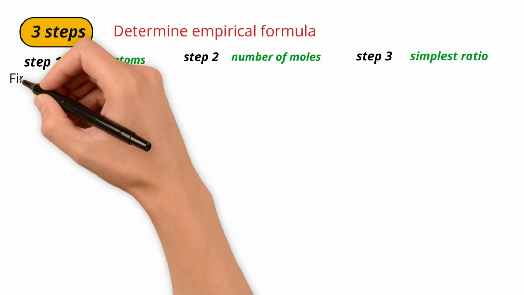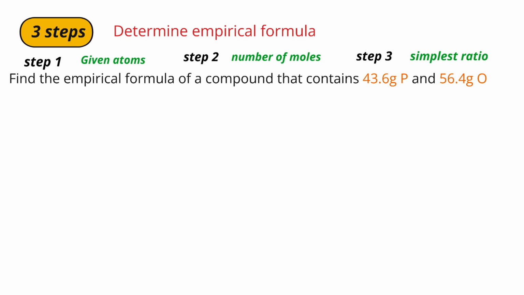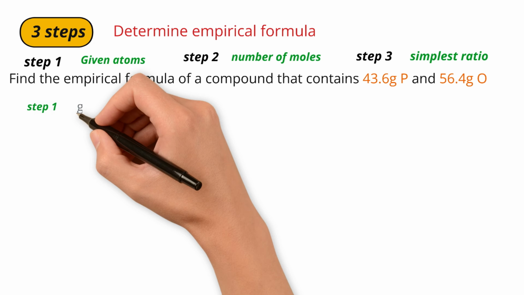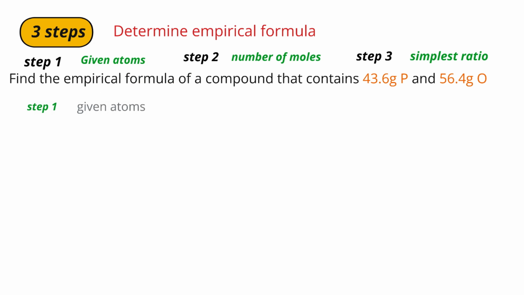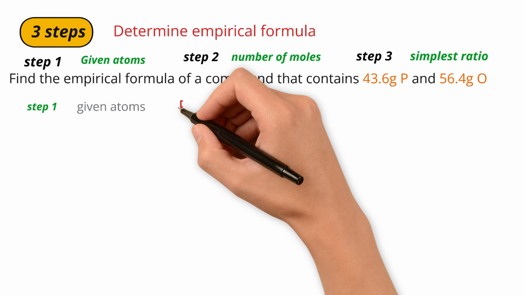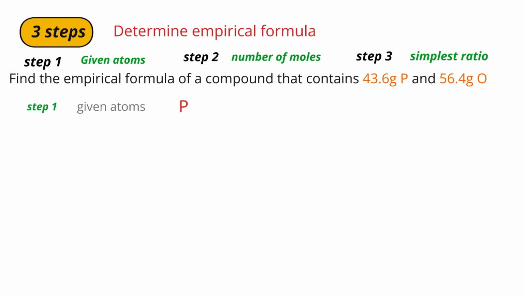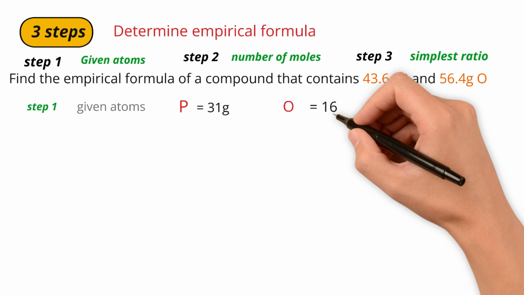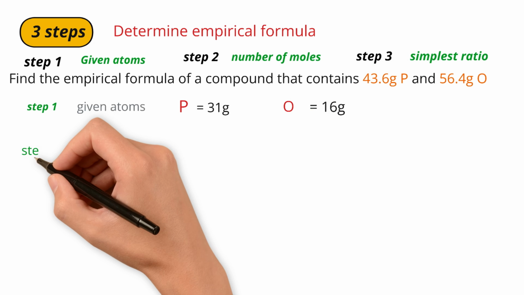Find the empirical formula of a compound that contains 43.6 gram phosphorus and 56.4 gram oxygen. The first step is given atoms. The given atoms here are phosphorus and oxygen. Atomic mass of phosphorus is 31 gram and that of oxygen is 16 gram.